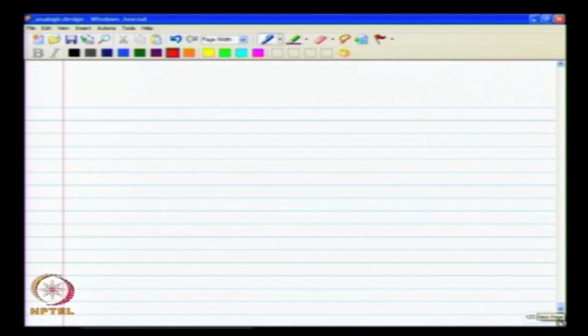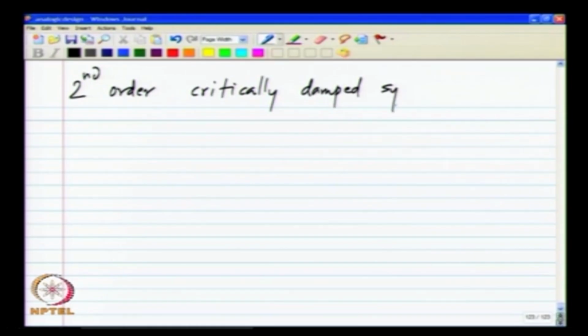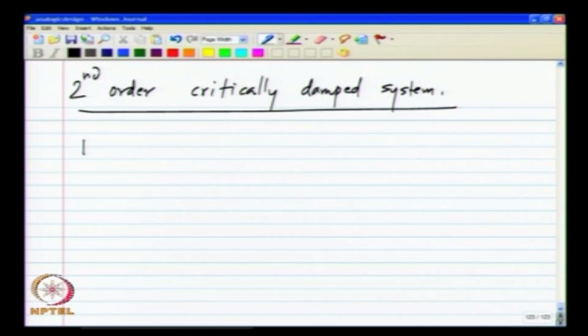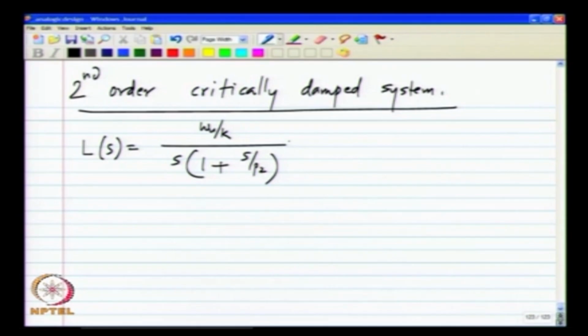And for our second order critically damped system, L of s is omega u by k divided by s times 1 plus s by p 2, and p 2 will be 4 times omega u by k. Okay.